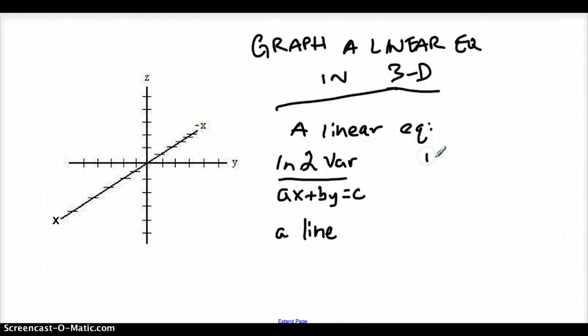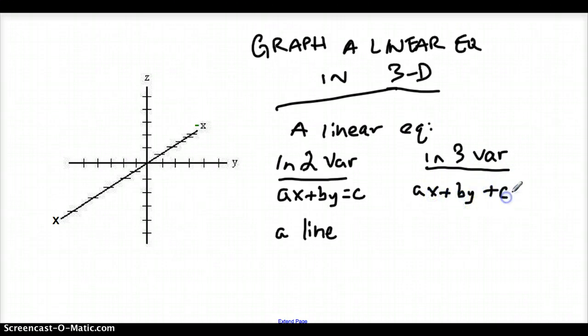Well, in three variables, can you imagine, even though it's called a linear equation in three variables, and the pattern is ax plus by plus cz equals d, the graph of it is actually a plane.